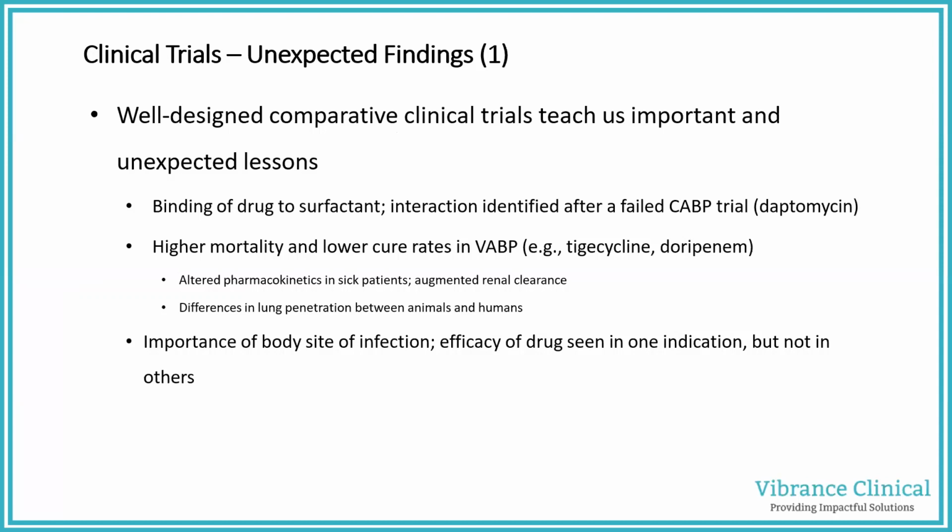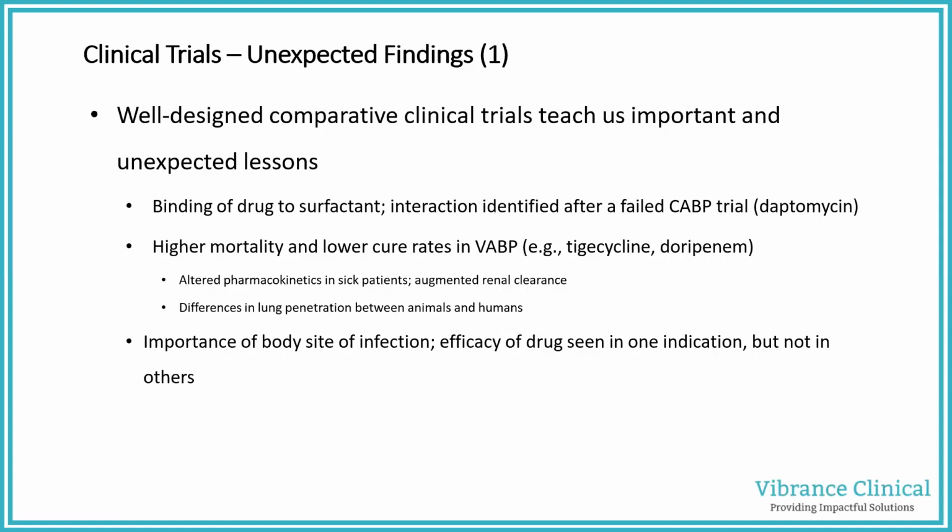So basically, when we talk about clinical trials, well-designed comparative clinical trials teach us important and unexpected lessons. If we have a well-designed clinical trial, we get a lot of lessons, and we use those lessons to develop further programs. For example, binding of drug to surfactant was identified after a failed CABP trial, which was daptomycin.